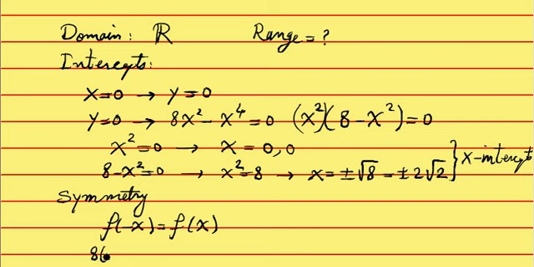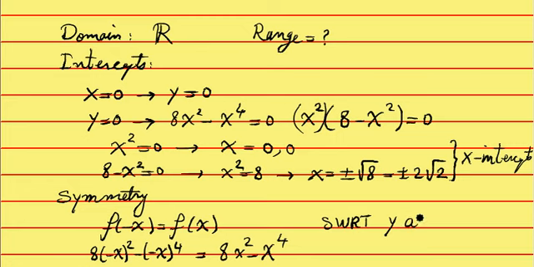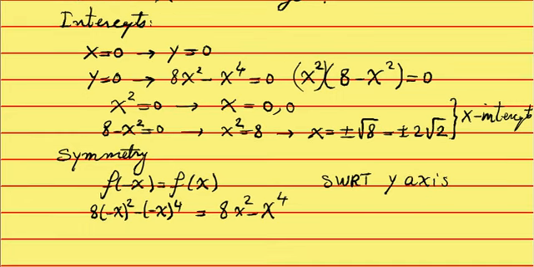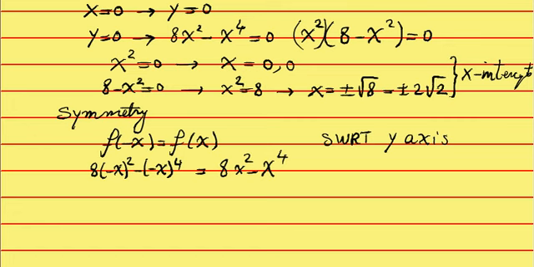It's 8 times minus x squared minus x to the power of 4. That's exactly the same as 8x squared minus x to the power of 4. So we have symmetry with respect to the y-axis. We don't have any other kind of symmetry in this problem.